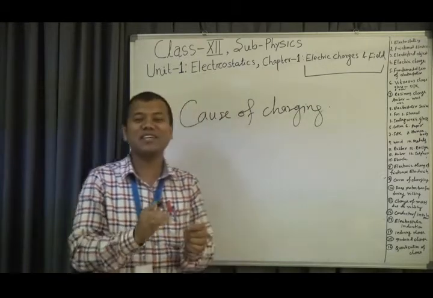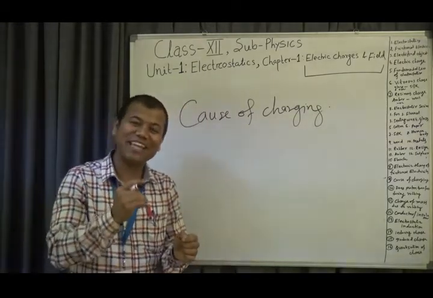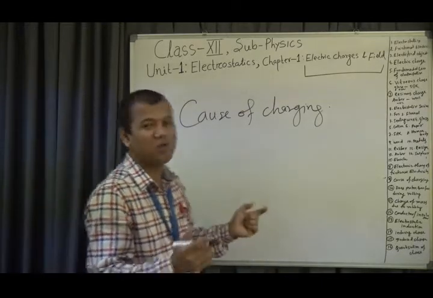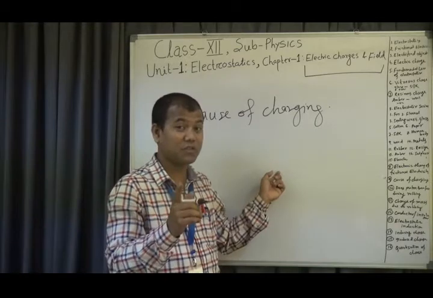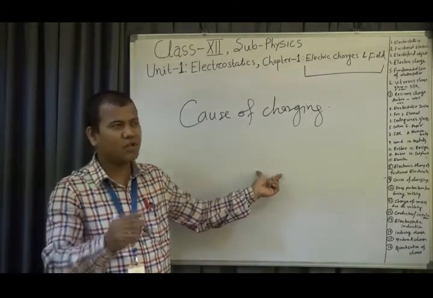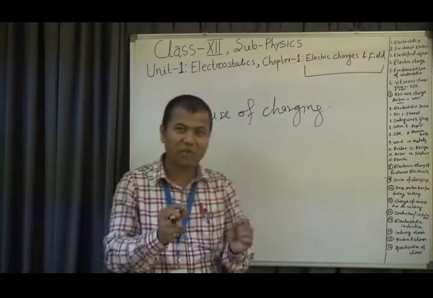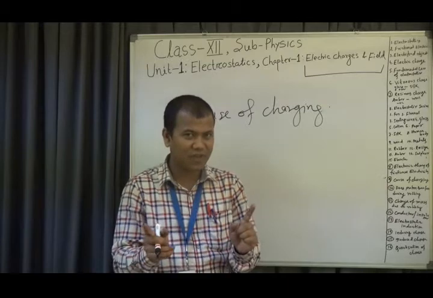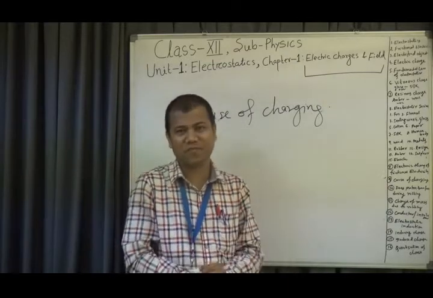Whenever any object is rubbed with another object, like the silk cloth, when you rub a glass rod with that silk cloth, the glass rod acquires positive charge and the silk cloth acquires negative charge. Now the question arises, why are they charged?